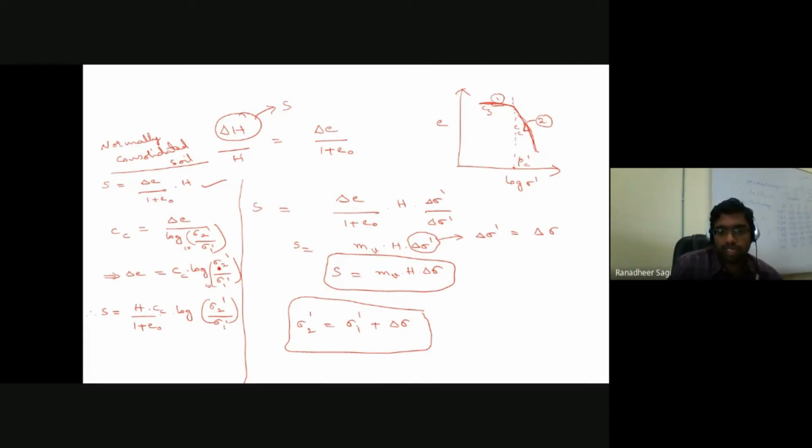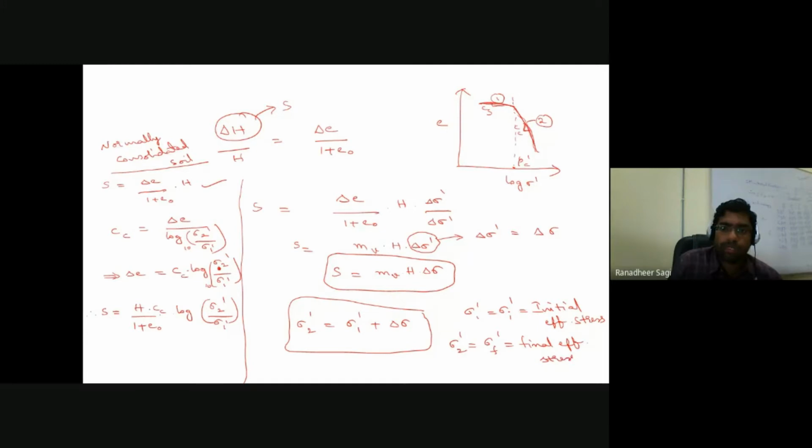Sigma 1 dash is the initial effective stress. I can either write it as sigma 1 dash, or I can also write it as sigma i dash, which indicates it is the initial effective stress, and sigma 2 dash is nothing but sigma f dash, that's the final effective stress.